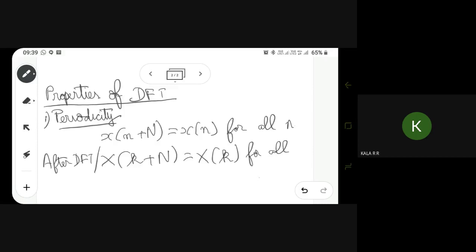So this is the initial condition for periodicity. Then by the definition.